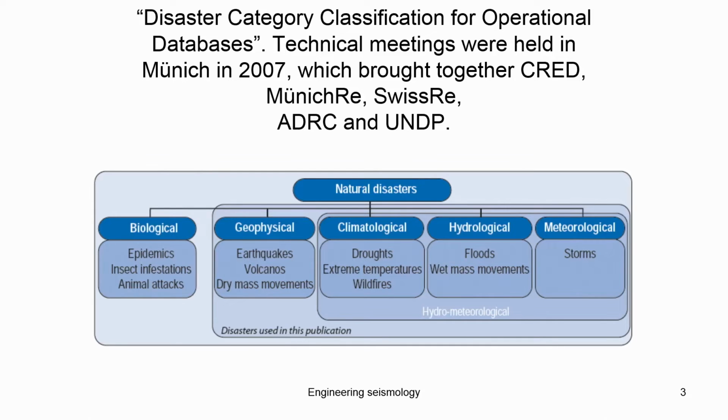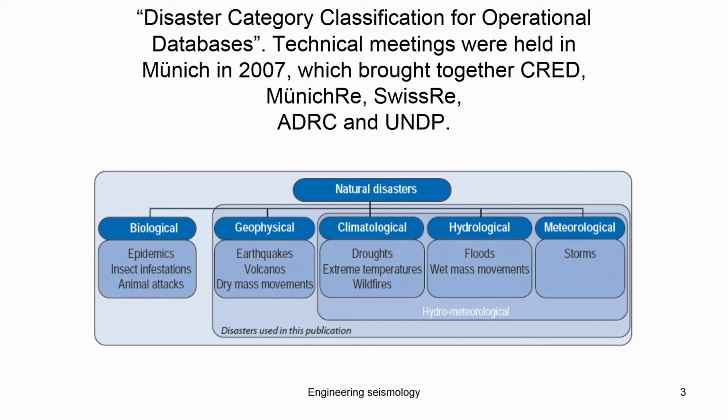Another hazard, the climatological, includes drought, extreme temperature and wildfire. We also don't have much control over this, but generally these are problems in forest regions and very hot regions. Another hazard predominantly causes a lot of death and economic loss due to infrastructural development problems.